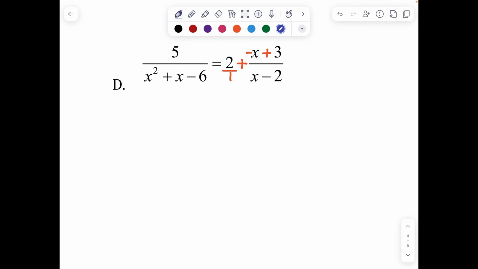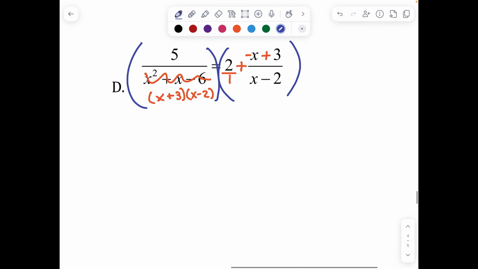So I'm going to go ahead and factor this denominator into x plus 3 times x minus 2. So that's going to be gone. Now I need to multiply both sides, including this 2 here, by our LCD, which is just going to be x plus 3 times x minus 2.